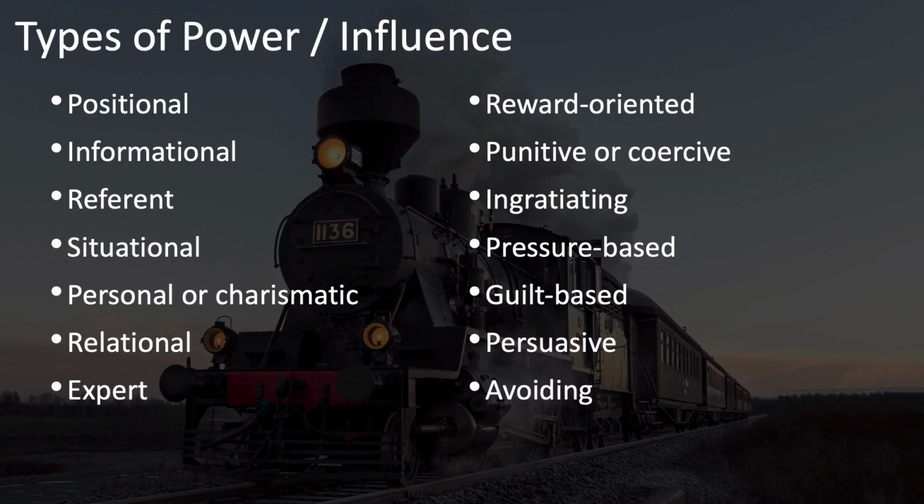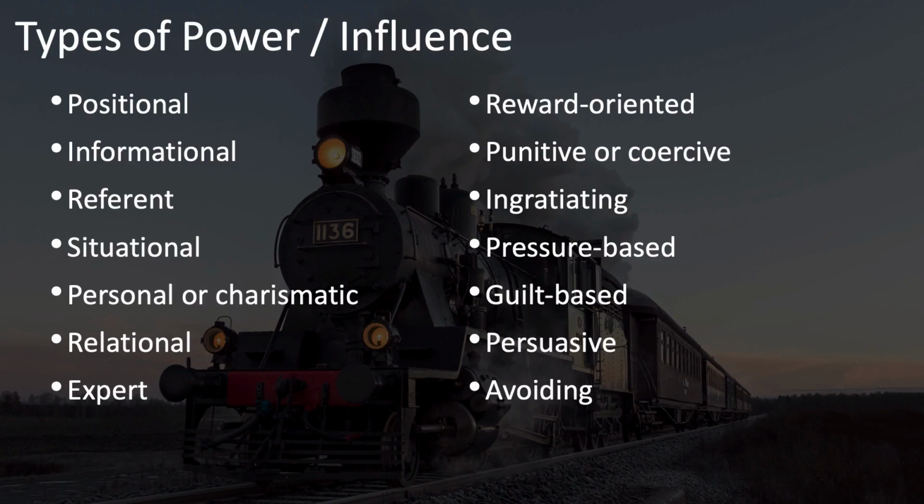Ingratiating influence is when you're seeking common ground with someone in order to try and get their cooperation, and can include both positive and negative forms of doing this. It could be seeking common ground in a positive way or using simple flattery.